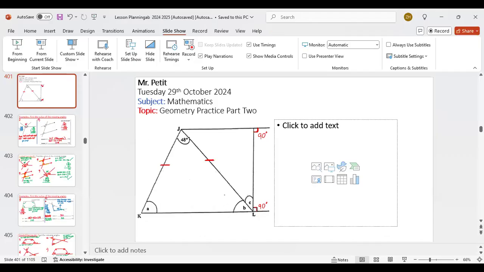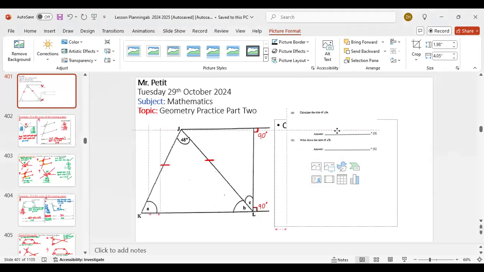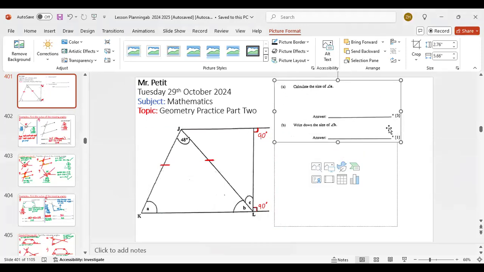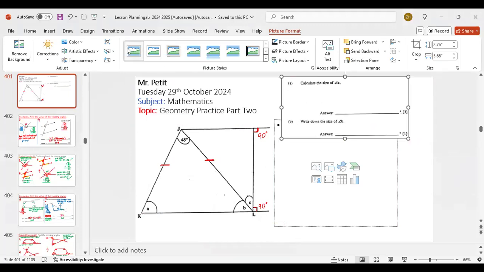All right, so let's go with the rest of this question. The question wants us to determine, so let me enlarge this.